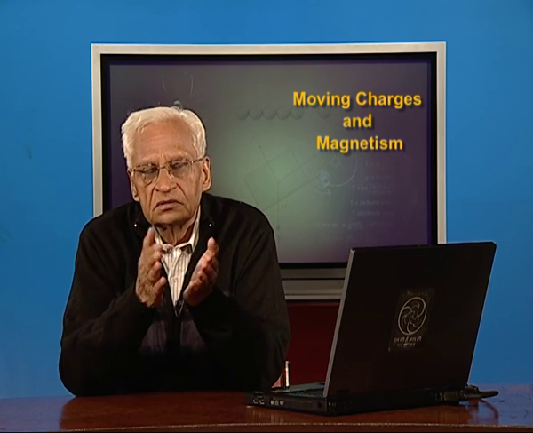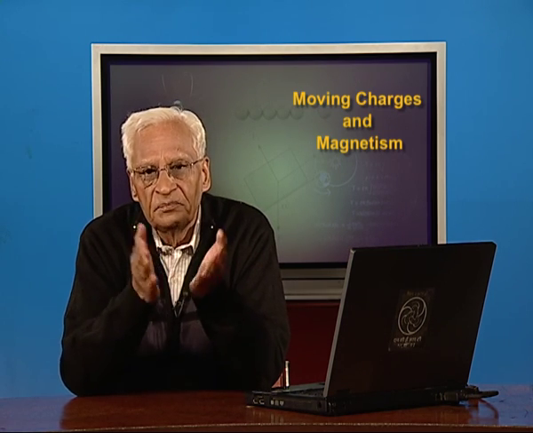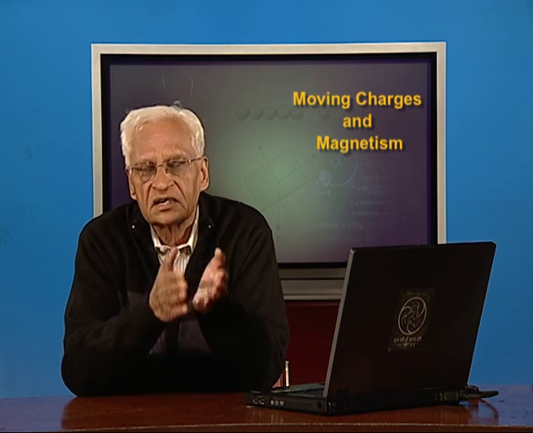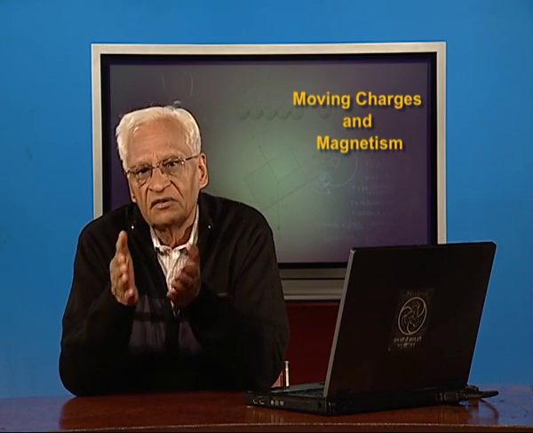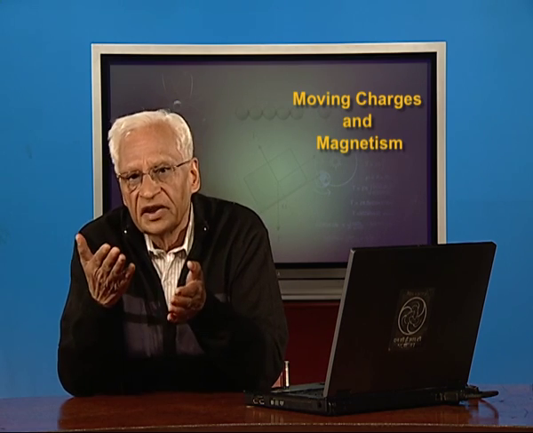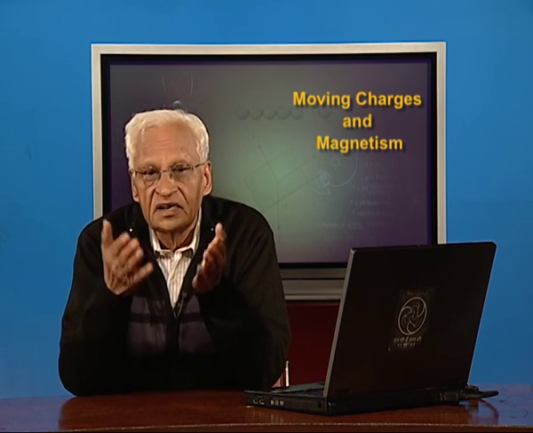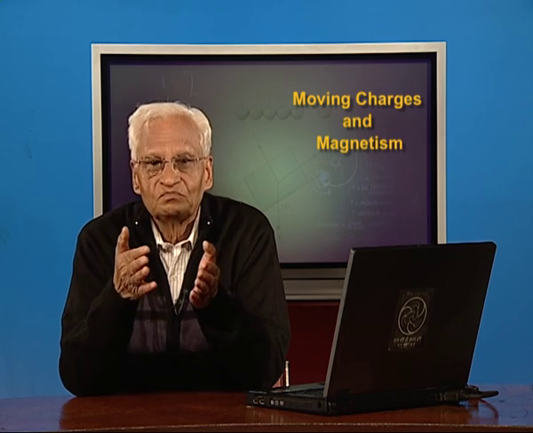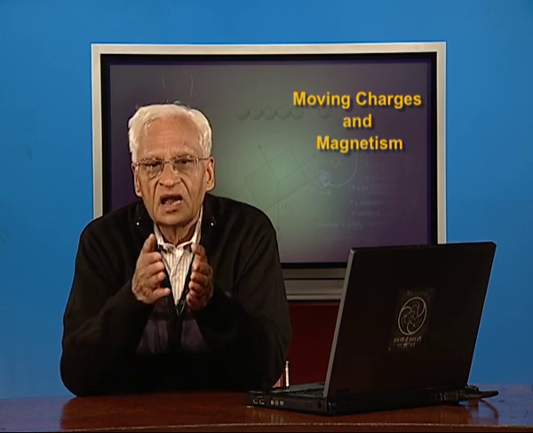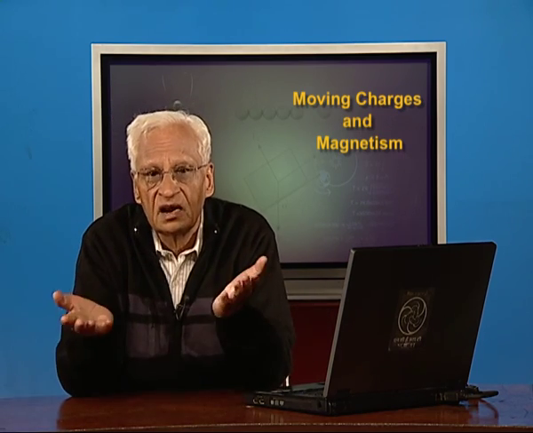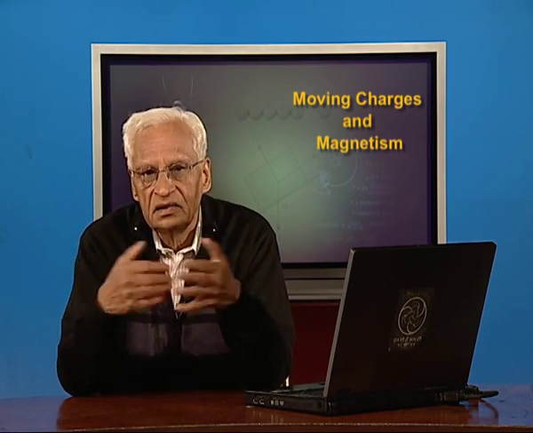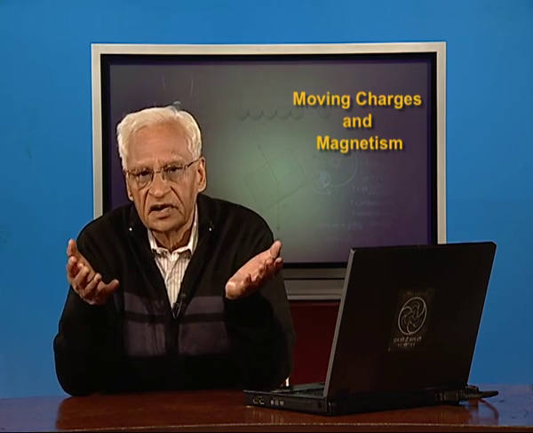First we discussed Ampere's law, and then we are now discussing Biot-Savart's law. The difference between these two is that Biot-Savart's law is differential in nature, whereas Ampere's law is integral in nature. And to apply Ampere's law, we need certain symmetry in the system. Biot-Savart's law is more general, it does not require any symmetry or such considerations.